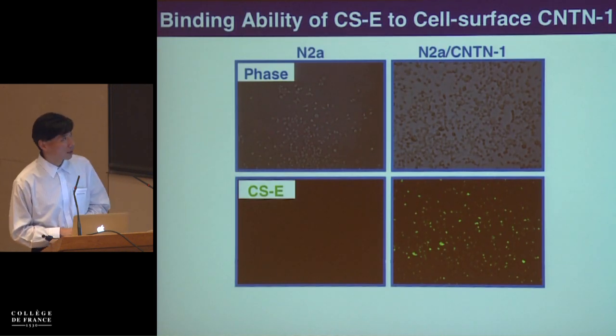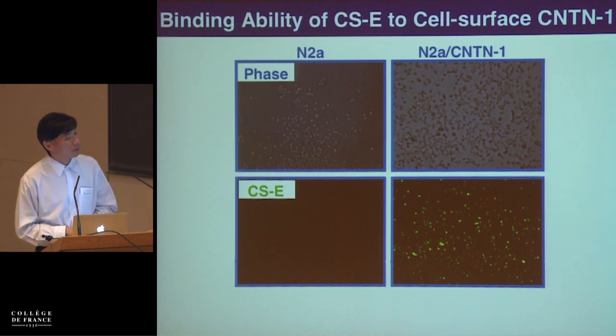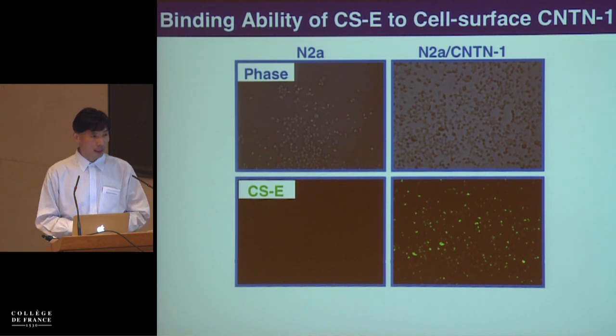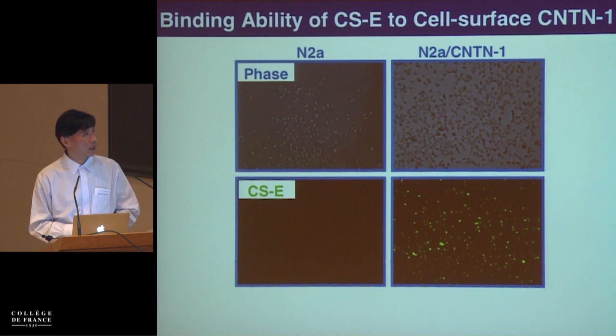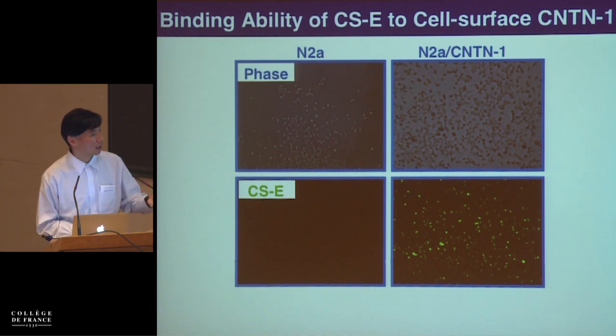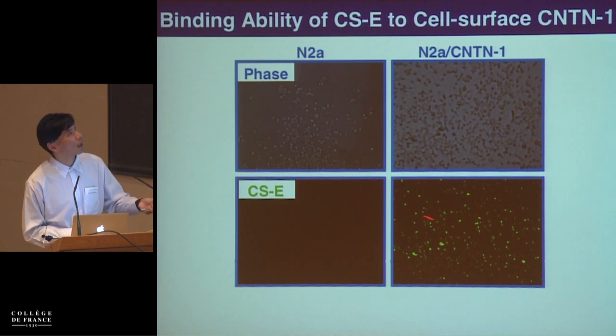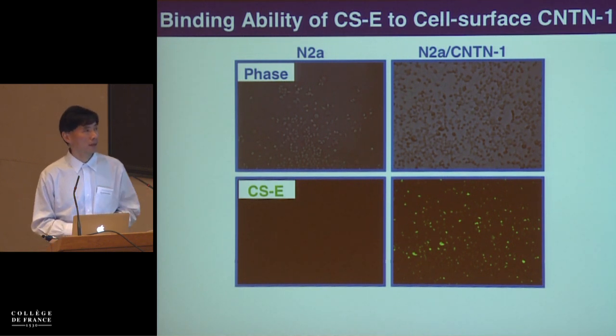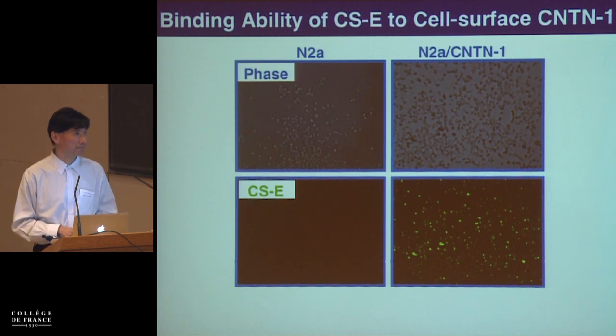So based on the kinetic data, the binding ability of chondroitin sulfate E to cell surface contactin 1 was examined by addition of fluorescent labeled chondroitin sulfate E to the culture media.